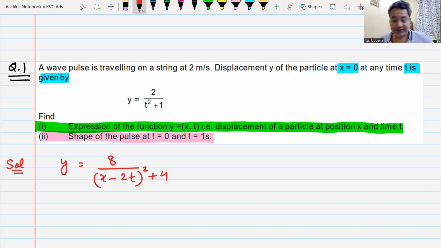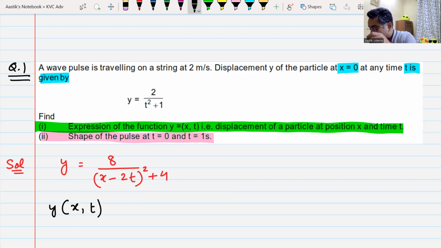This is absolutely correct. Just to give you what you had to do in very short. Now, y, which is given as a function of x and t, is the equation of a wave if it is finite at all points. And remember, this is finite at all points. Whatever you put, you will never get zero, or infinite, or undefined answer. This is the equation of a traveling wave.